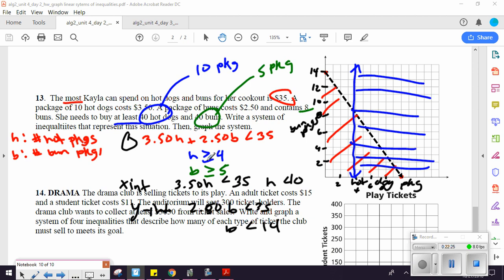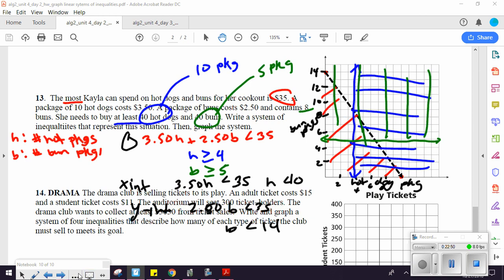And B is greater than or equal to 5. That's a horizontal line and it's solid. I can use 0 again. 0 greater than 5 is false, so that means I would shade above the line.